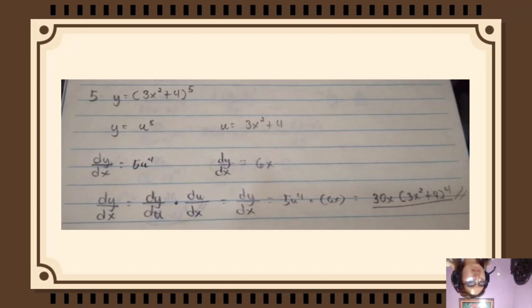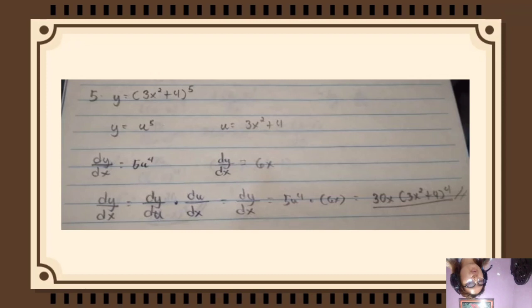Ito, kinuha natin siya dito. Ano yung derivative of y all over derivative of x? Minus 1. So, 3 times 2 is equal to 6 minus 1. So, 6x na lang siya. Ano ba yung 4? 0. Kaya hindi na natin siya linagay.